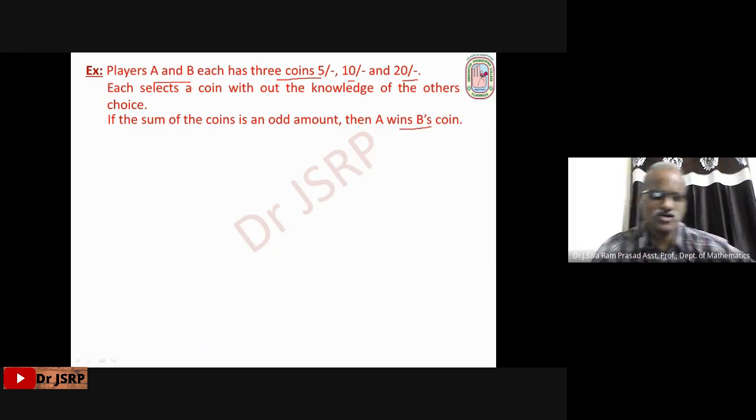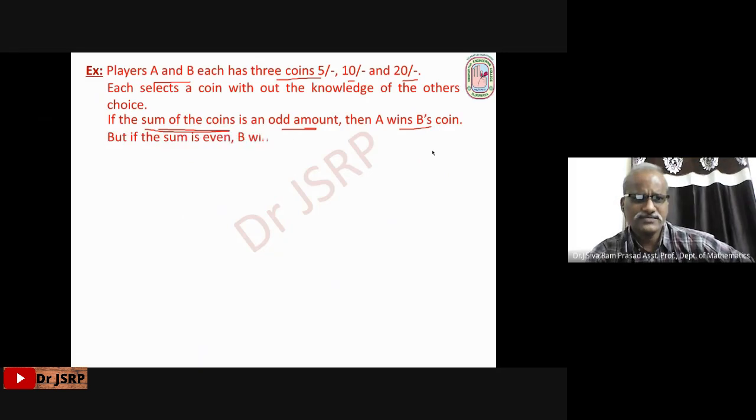So A selects one coin among these three coins, and B also selects one coin among these three coins. If the sum of the coin values is an odd number, A wins B's coin, that means B loses his coin to A. But if the sum is even, then B wins A's coin, that means A loses his coin to B. These are the rules to play this game.